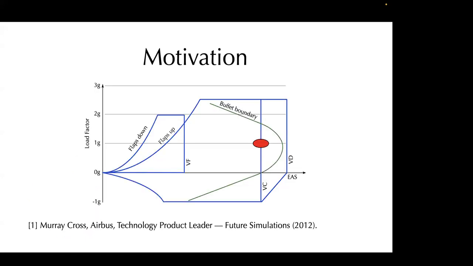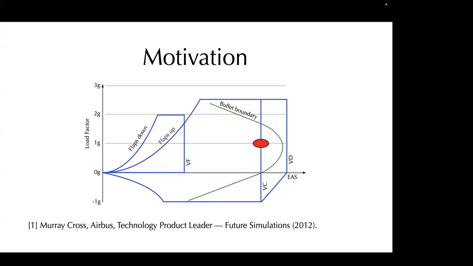To better illustrate this, this is a slide I took from Murray Cross at Airbus, which shows the flight envelope for an aircraft. Along the x-axis, we have equivalent airspeed, and along the y-axis, we have the load on the airframe in G. Everything inside this blue region is where the aircraft needs to be validated.